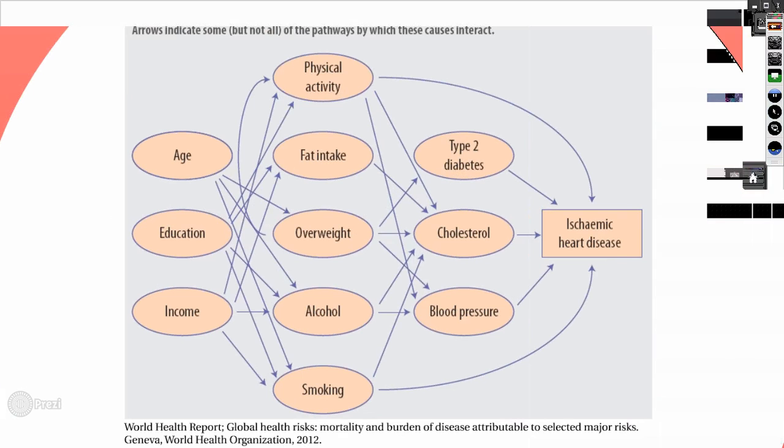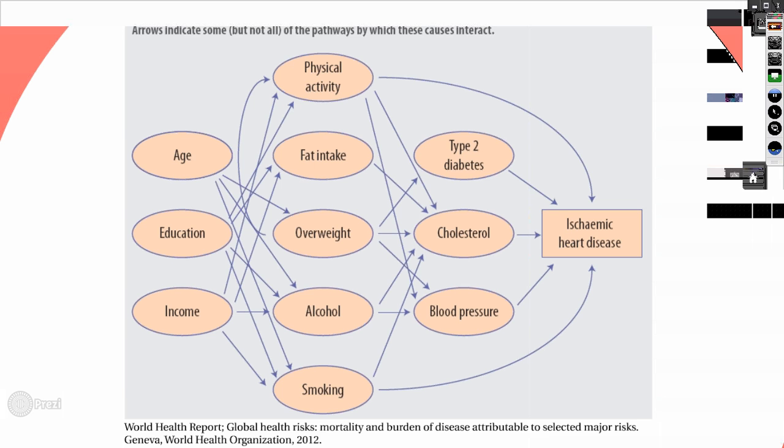So as can be seen from this example, with ischemic heart disease being, of course, the leading cause of death, we see that type 2 diabetes, high cholesterol, and high blood pressure are all relatively direct causes because the arrows are directly going to this ischemic heart disease box. Whereas some of the other factors located further away down the causal chain or further back in the causal chain act as indirect causes, things like age or education level or your income status.